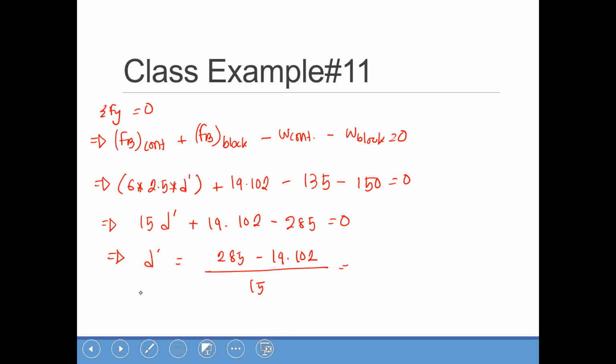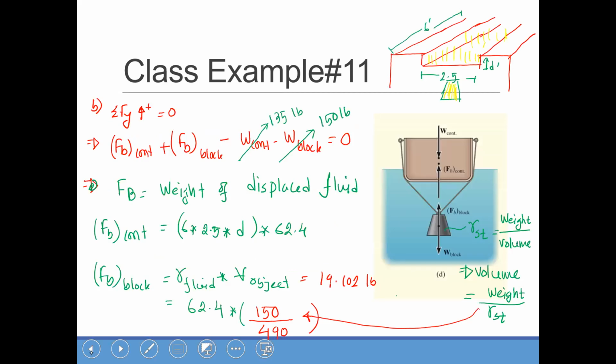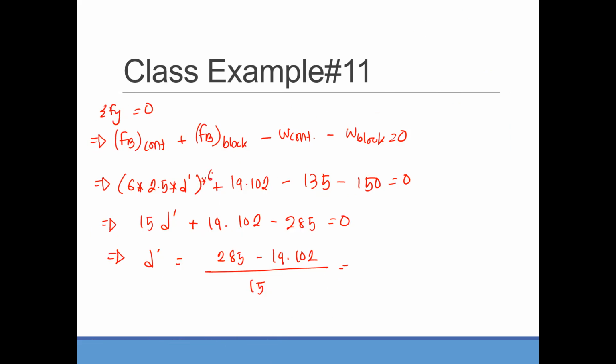So let's check the calculation again. Oh, okay. I didn't multiply with 62.4 here. So that should be 62.4 times 15, and d prime is 0.284.